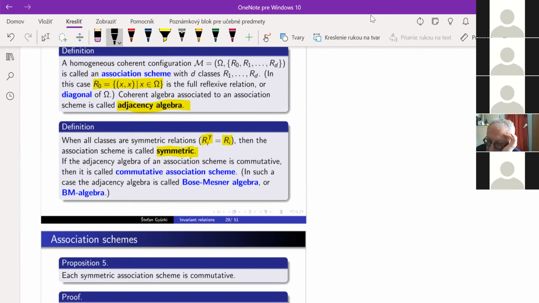And if the corresponding adjacency algebra is commutative, then we are saying that the association scheme is commutative.